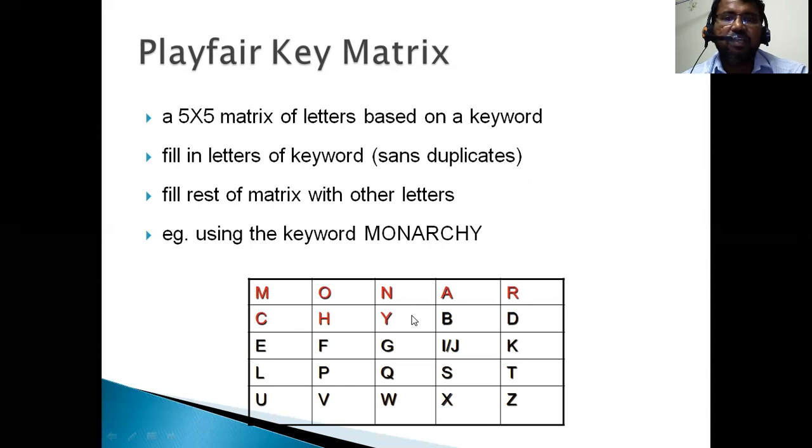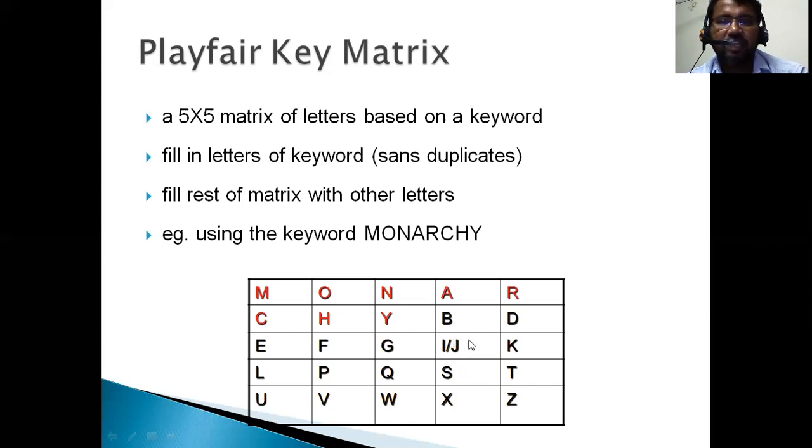After that, the remaining alphabets not covered in the keyword are written: B is not covered, so B, then D, then E, F, G, then I and J.